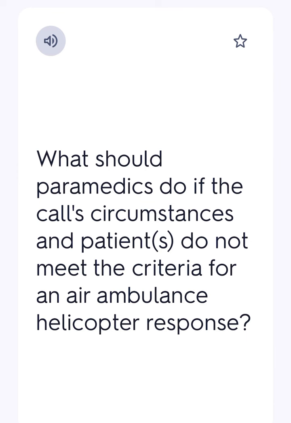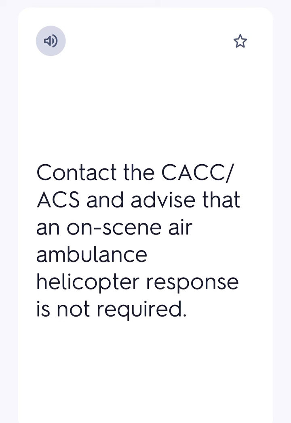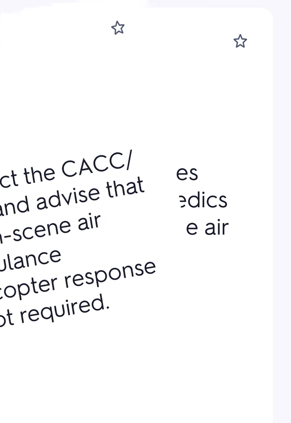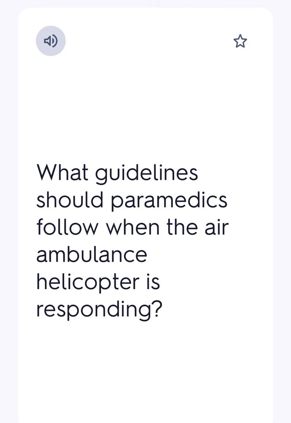What should paramedics do if the call circumstances and patient do not meet the criteria for an air ambulance helicopter response? Contact the CACC/ACS and advise that an on-scene air ambulance helicopter response is not required. What guidelines should paramedics follow when the air ambulance helicopter is responding?